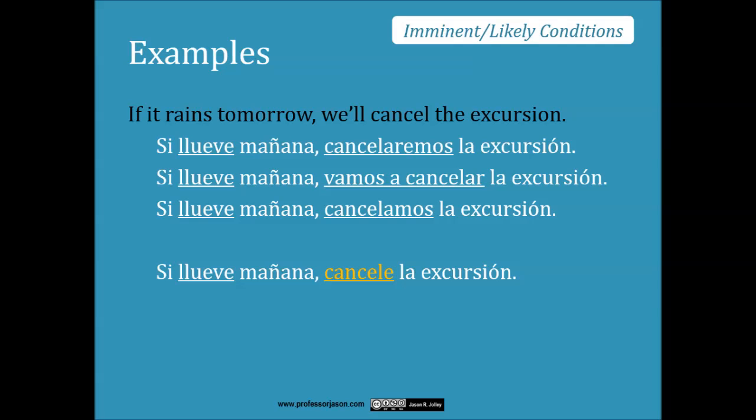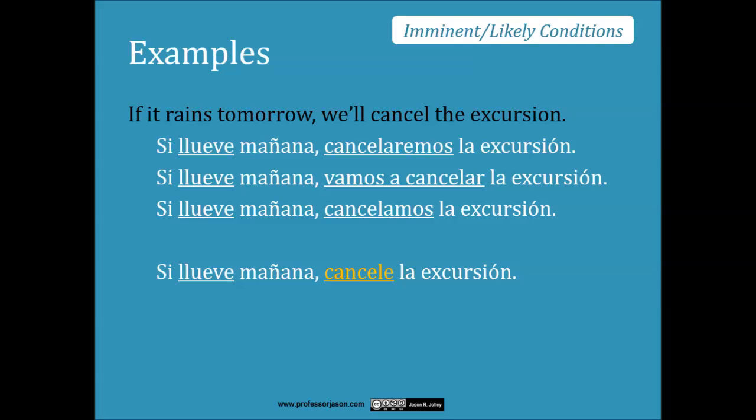You can use the future tense, you can use the periphrastic future, like vamos a cancelar, where we take the verb ir and add an infinitive, or you can just use, right, the present tense, but from context it's clear you're referring to the future, like our third example. Okay, so you can use these 3 forms to refer to the future in Spanish. The point is, the dependent or if clause verb is in the present indicative, and then the main clause somehow refers to the future or a command.